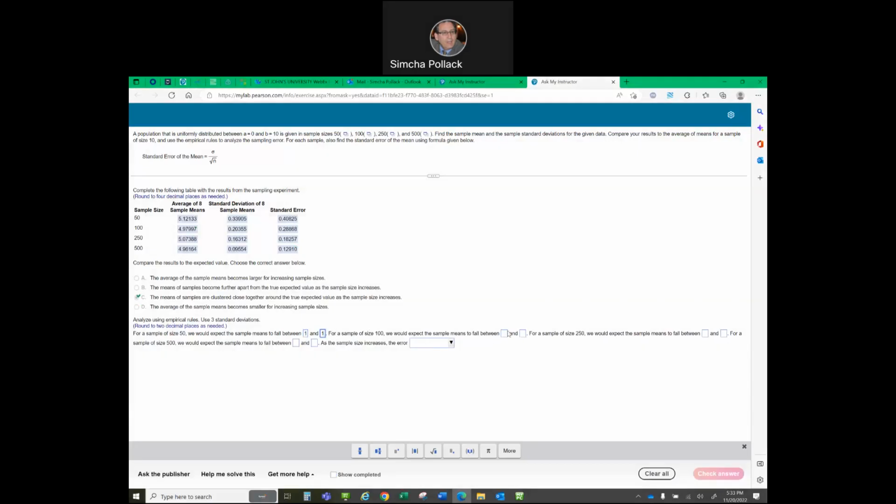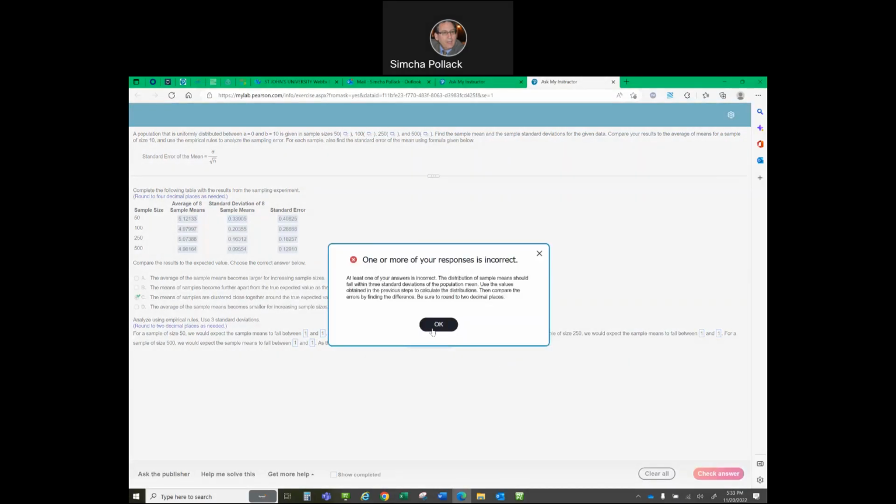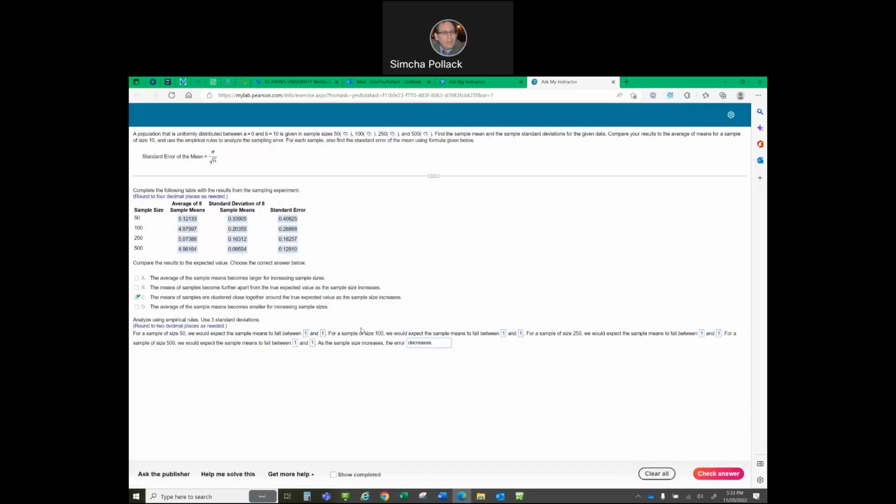Maybe I didn't notice what the book says is the way to do it. They usually give you a formula they want you to use. Oh, the population mean.